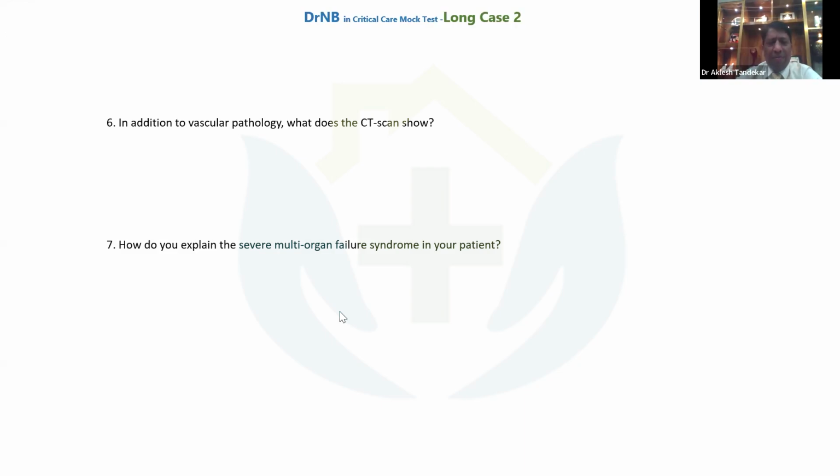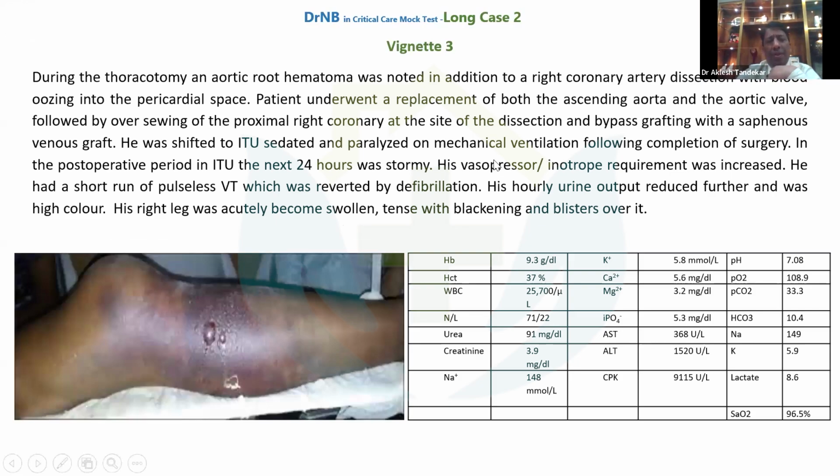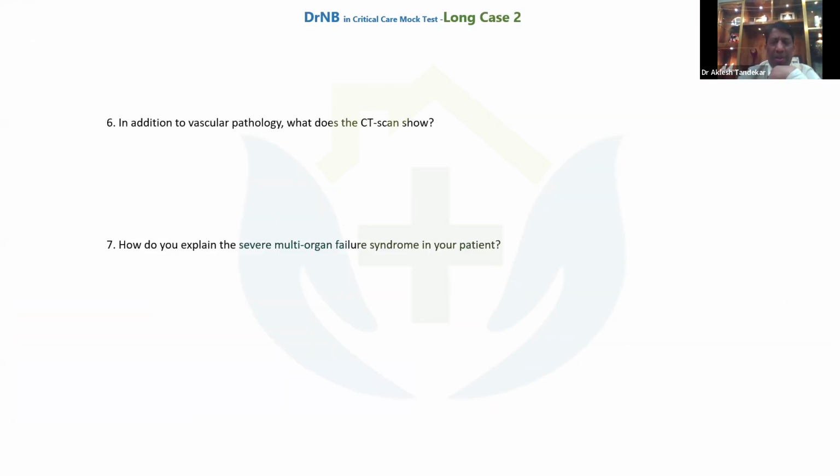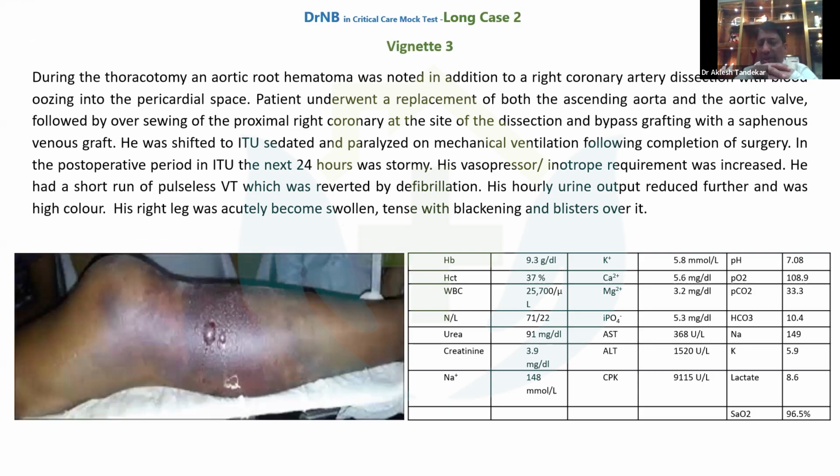Okay, fantastic. So this patient underwent thoracotomy, and aortic dissection and aortic root hematoma were identified. In addition to that, there was right coronary artery dissection and blood oozing into the pericardial space.